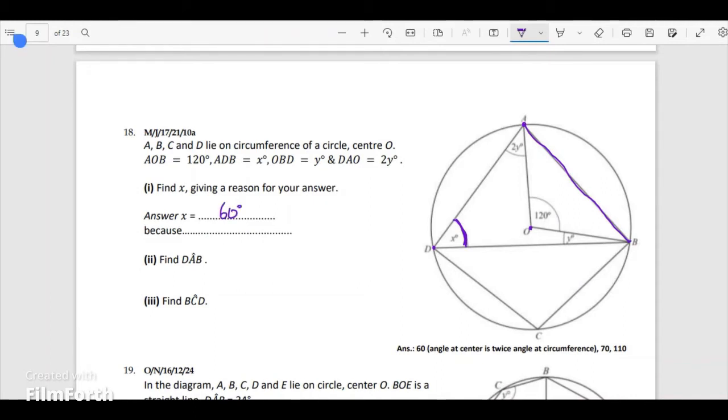Because the angle at circumference is half the angle at center. Really sorry for such messy handwriting. I should rather erase it. But I hope you understand. And you can find the reason written right here as well in the answer.